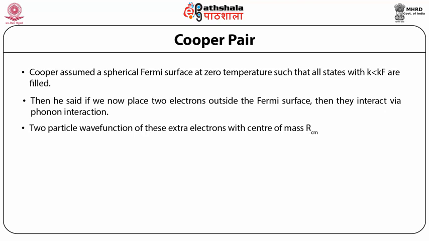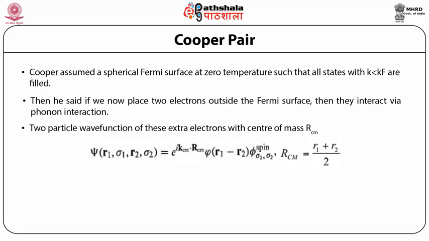The two-particle wave function of these electrons with center of mass R_cm, that is psi, which is a function of r1, r2, sigma 1, sigma 2, is equal to e raised to power i k_cm dot R_cm, multiplied by a function which depends upon the spacing between the two electrons, that is r1 minus r2, a spatially dependent function, multiplied by a spin-dependent function, phi spin, which depends upon sigma 1 and sigma 2, where R center of mass is equal to r1 plus r2 divided by 2.